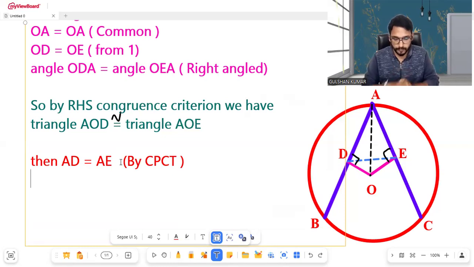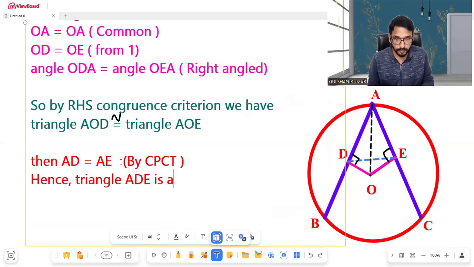Hence, triangle ADE is an isosceles triangle.